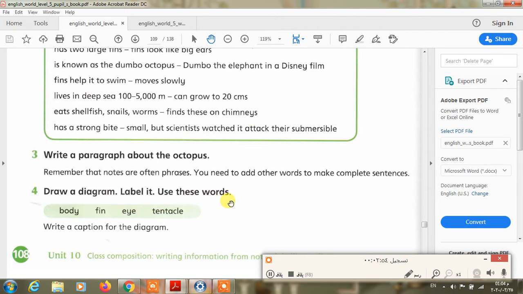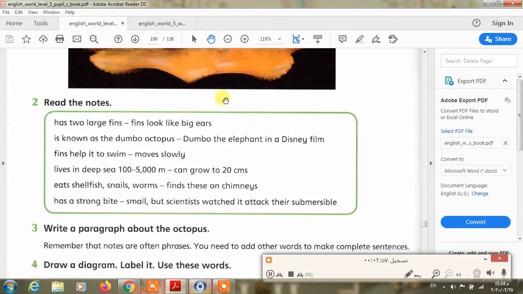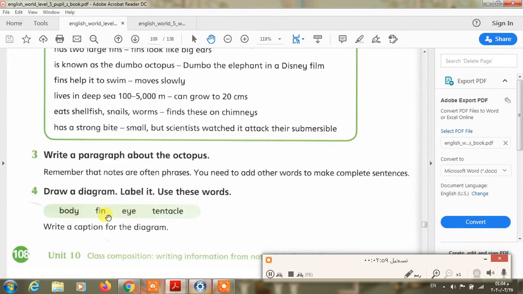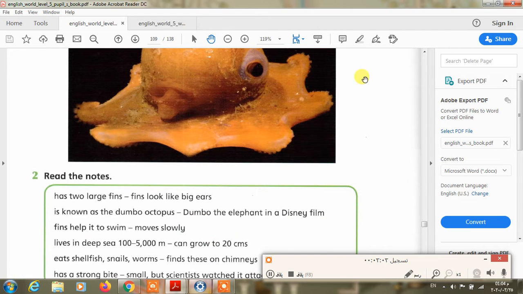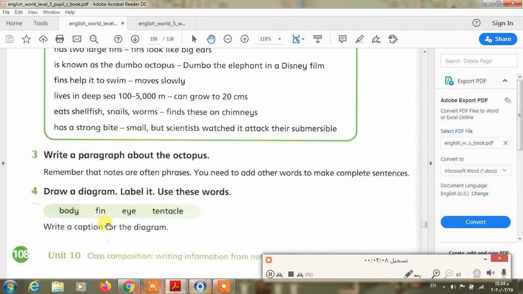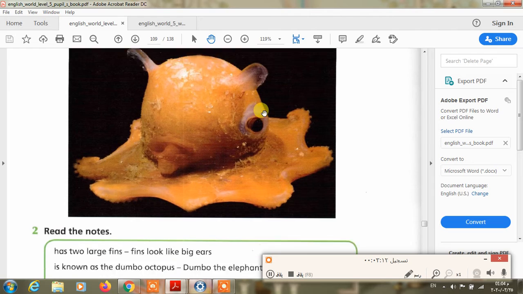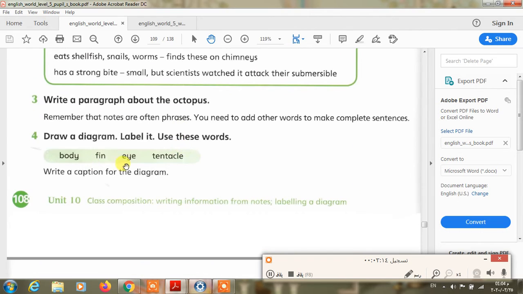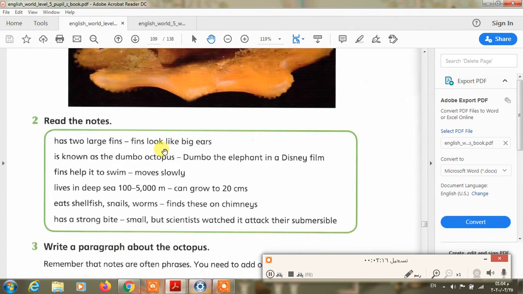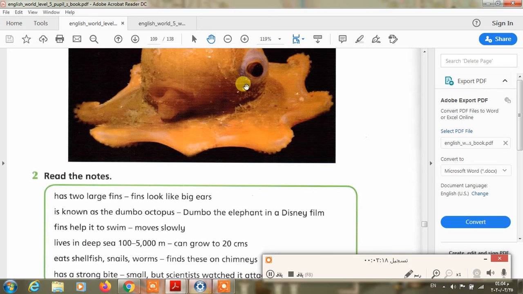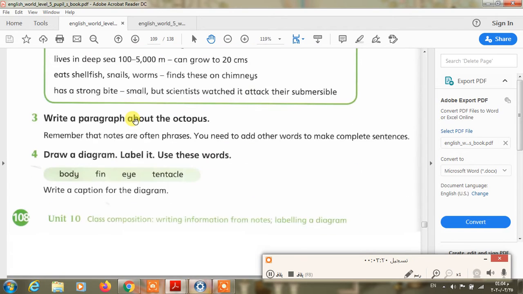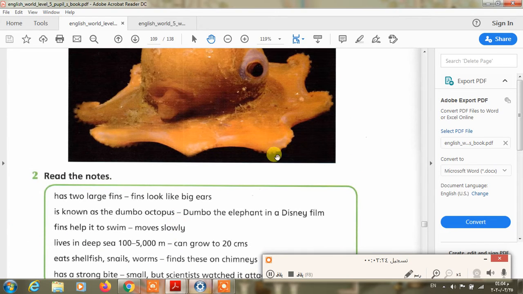Use these words. We will draw the octopus and have an arrow. We will write body, fin, an arrow to refer to the fin, an arrow to refer to the eye, and an arrow to refer to the tentacles.